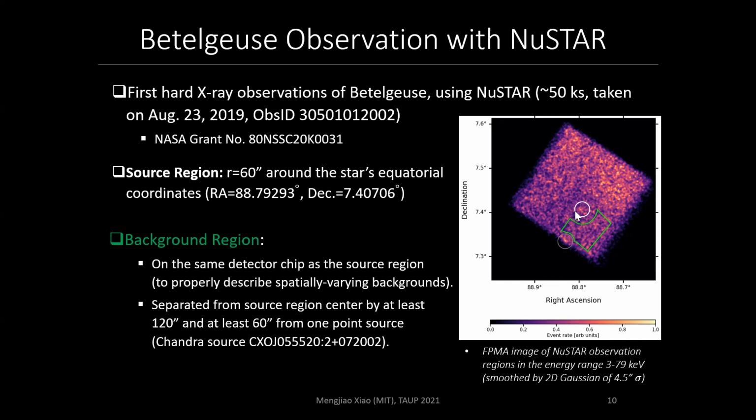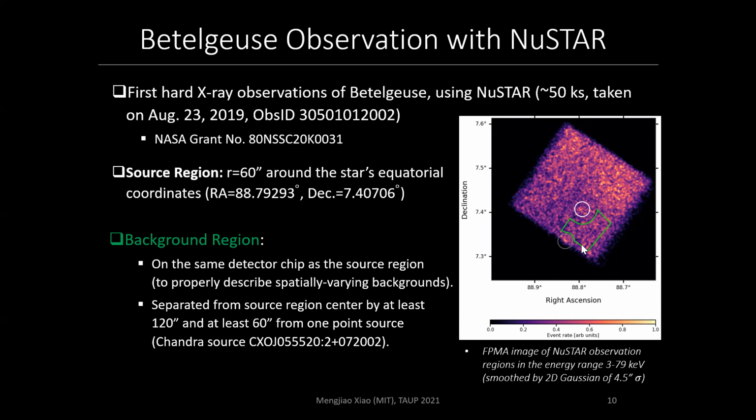We chose a region of radius 60 arcseconds around the star's equatorial coordinates as the south region, as the white circle shown here. To model the background, we extracted the background region in the green one.